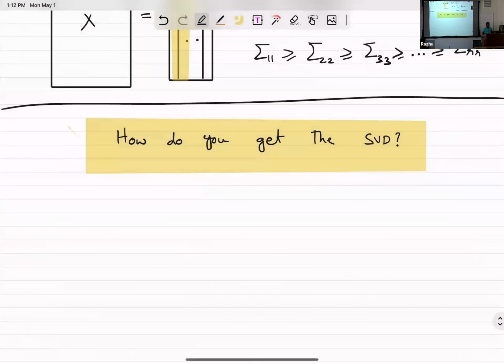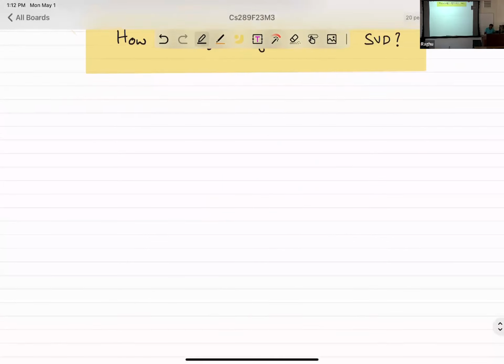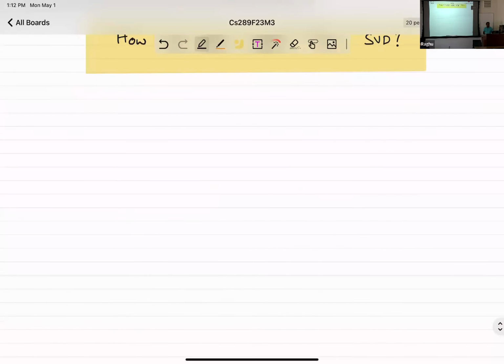How do you get the SVD? Okay. So before we start talking about the algorithm and how you approach it, what are the nice properties that we need, let me use some tools, or let us figure out some other ways to look at SVD.